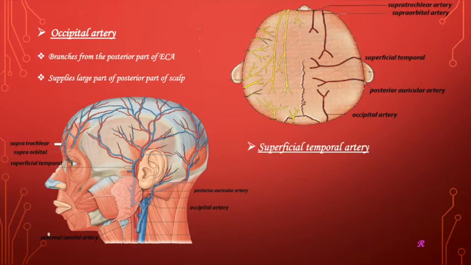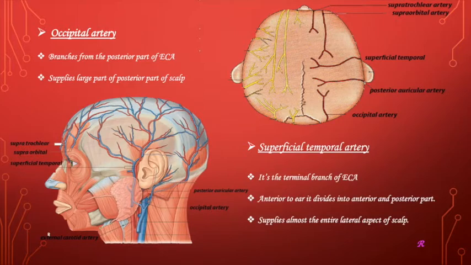Next branch that is supplying the scalp is superficial temporal artery. It is the terminal branch of external carotid artery. In an area anterior to ear, it divides into an anterior and posterior part. Here in this figure you can see the superficial temporal artery.